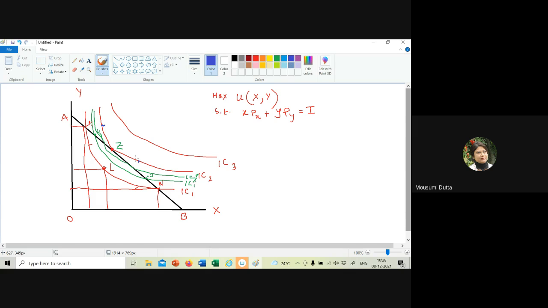So logically, the point of tangency between the indifference curve and the budget line is giving me the utility maximizing solution subject to the income constraint.